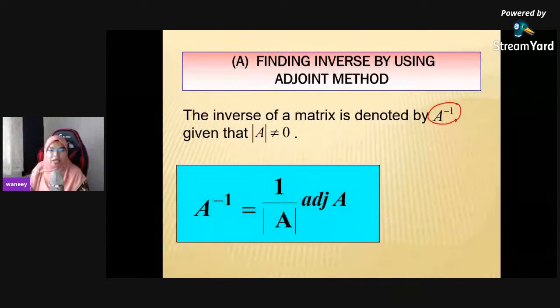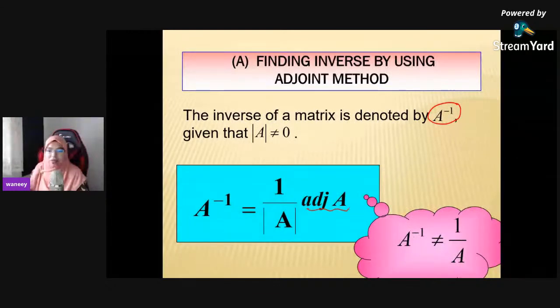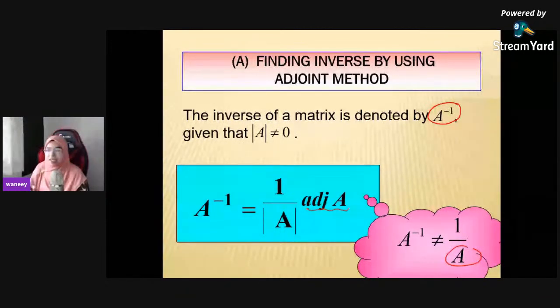Okay, so A inverse is 1 over determinant of A times with adjoint of A. So one thing to take note is A to the power of -1 or A inverse is not equal to 1 over A. So A is a matrix, so we cannot have a division like this. Dia bukan algebra lah. Kalau algebra betul sama, but this is a matrices. So A inverse is not equal to 1 over A.